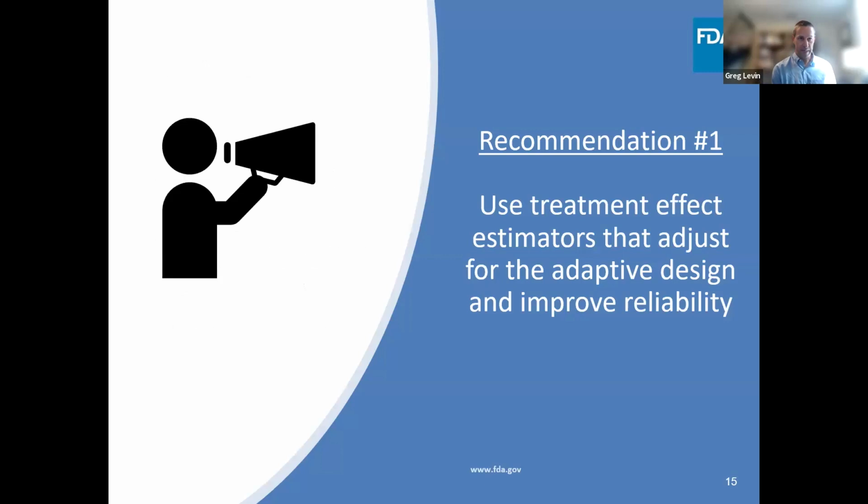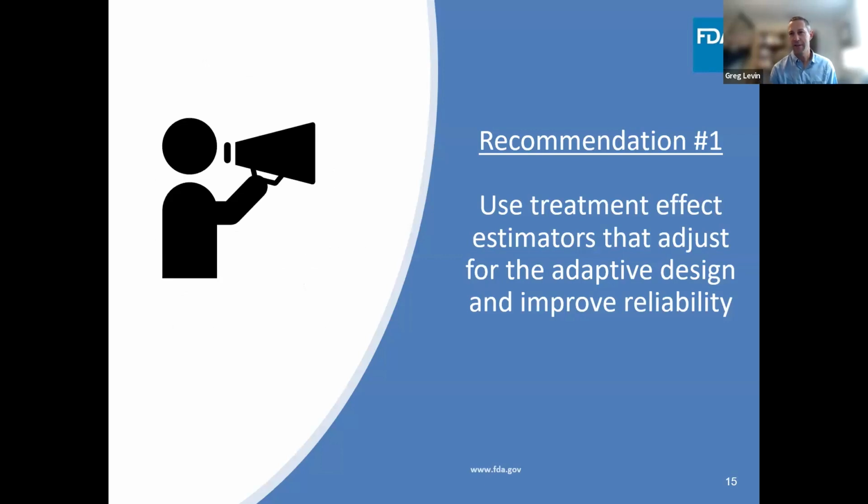The first recommendation is in the area of estimation. The recommendation is to use treatment effect estimators that adjust for the adaptive design to improve the reliability of those estimates. I think, as Frank Bretz noted earlier, this is not common.